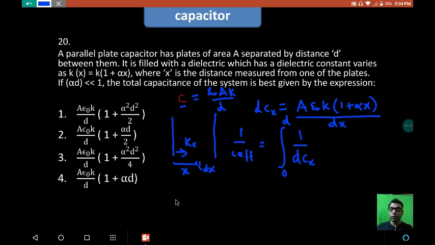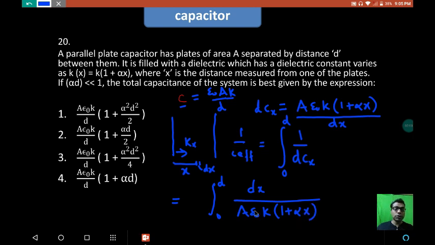We simply put the values into it: 1 upon C effective, we are just finding it in series, from 0 to d of dx upon A epsilon naught K (1 plus alpha x). So this is the expression.